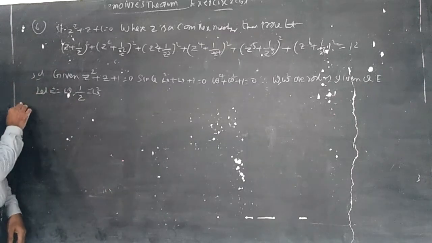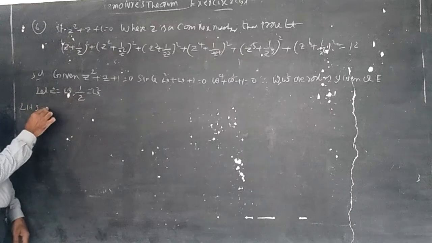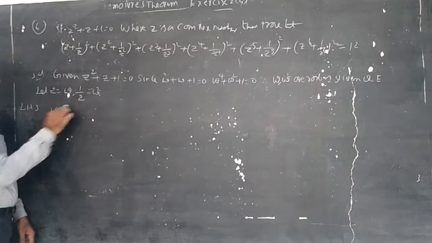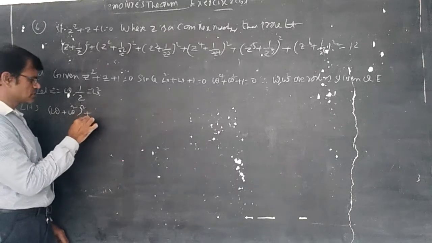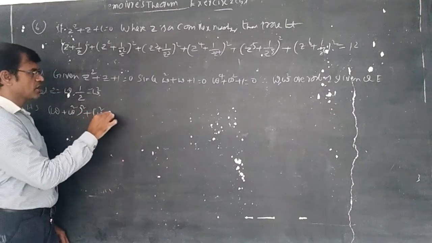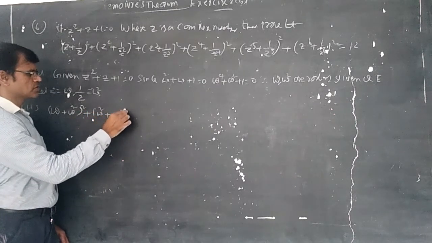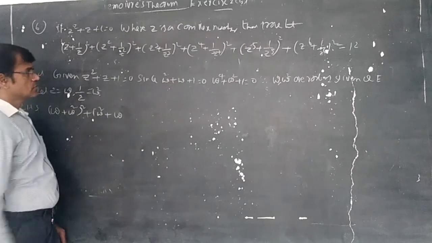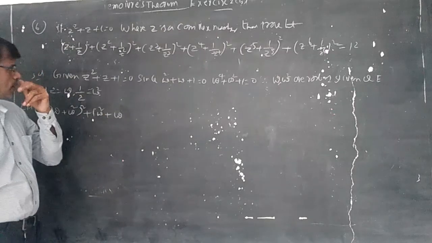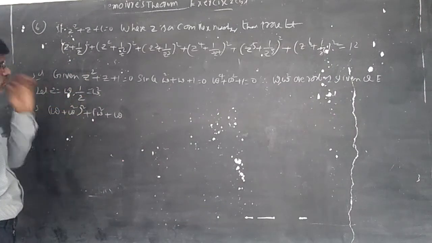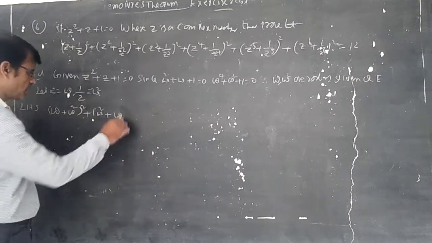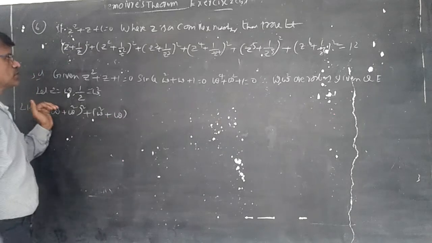So LHS, I am writing as omega plus omega square whole square plus omega square plus 1 by z square. So 1 by omega square means omega. 1 by z square is 1 by omega.